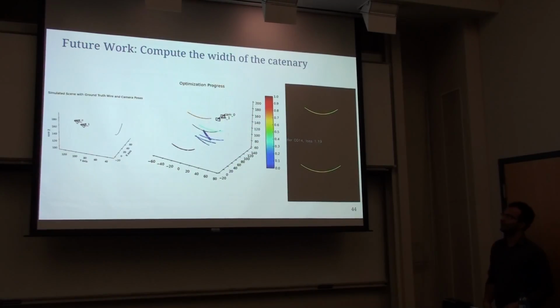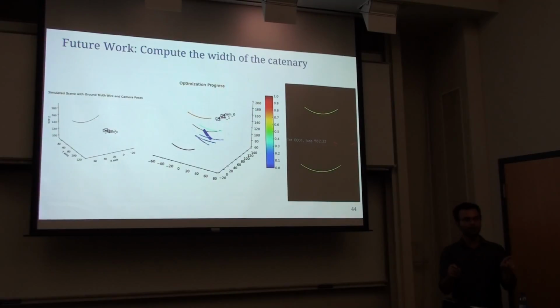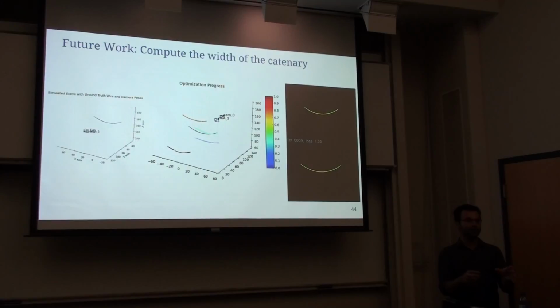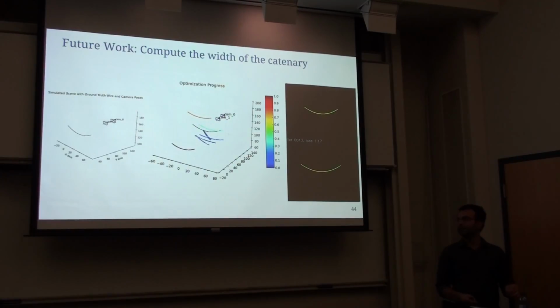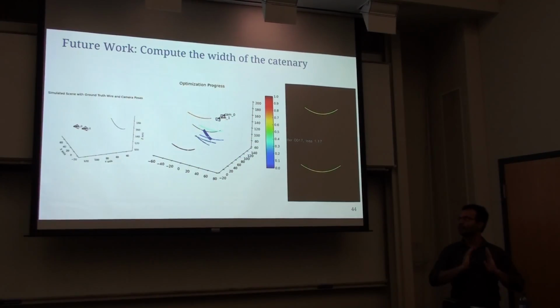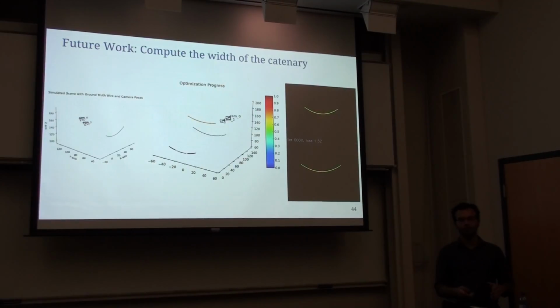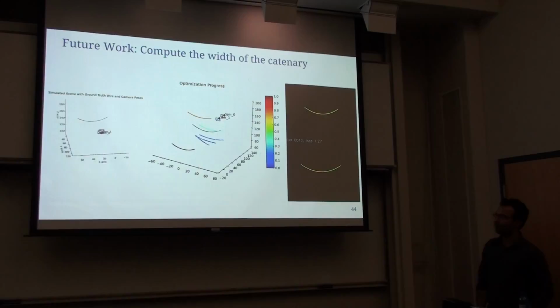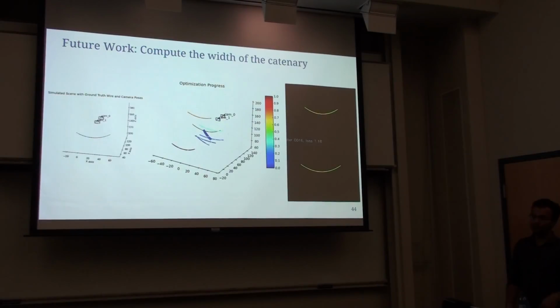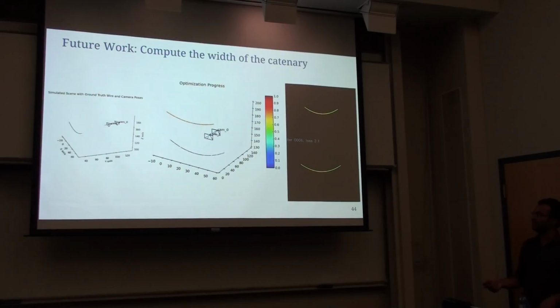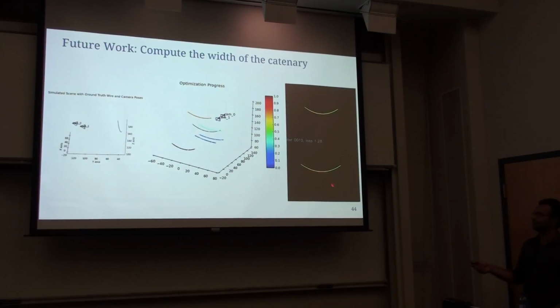So we want to fix this by figuring out how much extent of the catenary we are seeing by compensating for the roll and pitch of the camera, and then you can essentially think that there's a viewing region, like an intersecting region of the observations you had, and we will come up with a better way of computing the width. Or else, you can also put this in as an optimization variable, or penalize your loss function if some of the things don't match.